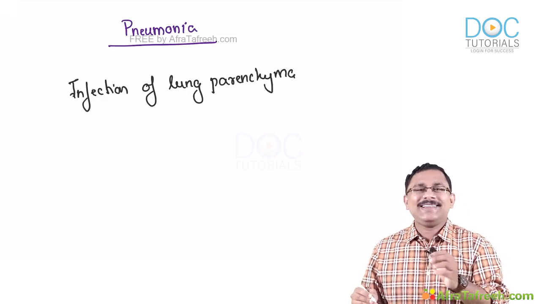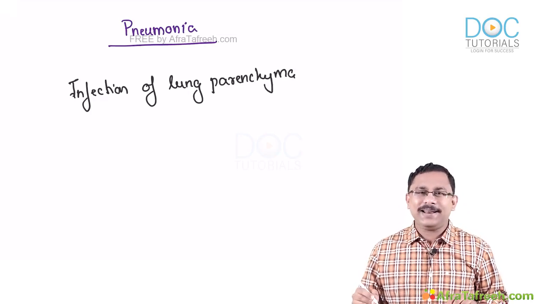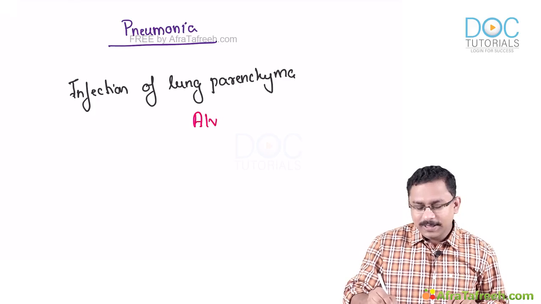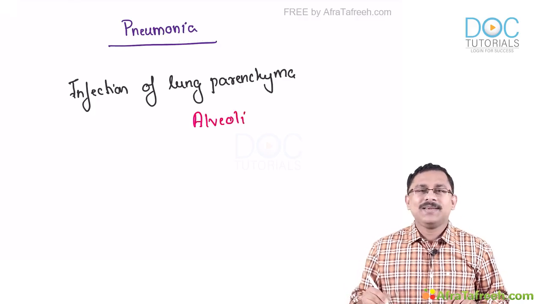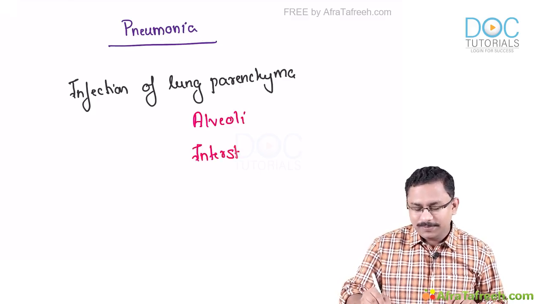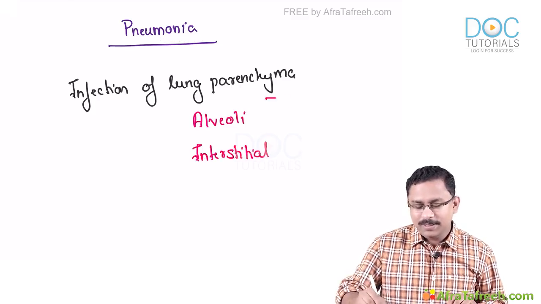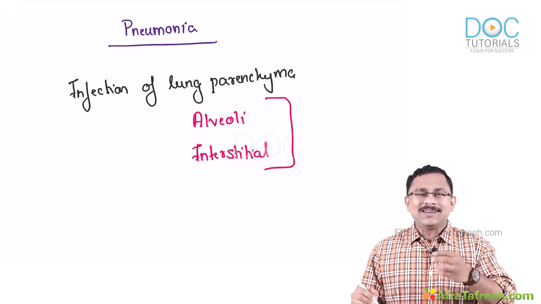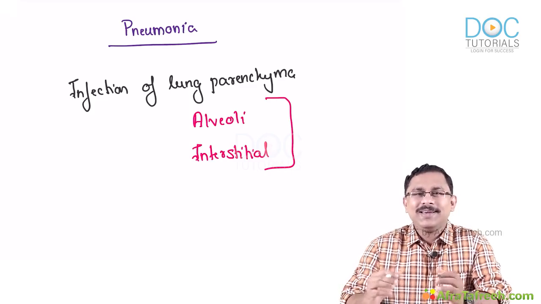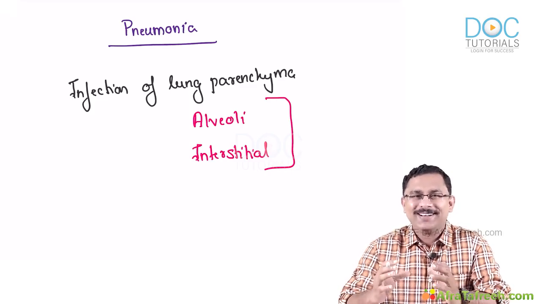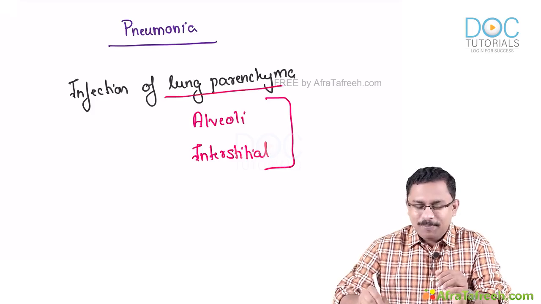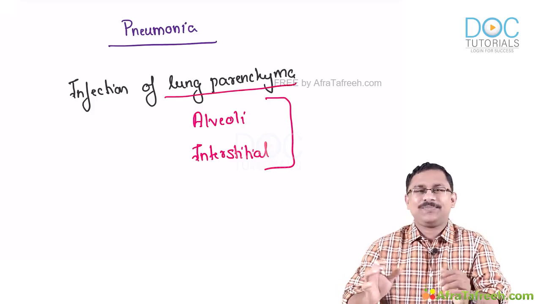So when I say that there is an infection of lung parenchyma, I mean there can be an infection involving the alveoli, okay, as well as you may have an interstitial involvement. So in certain pneumonias, you might have a predominance of your alveolar involvement. In certain pneumonias, you will be having a predominant interstitial involvement. Okay, so this is a lung parenchymal infection.